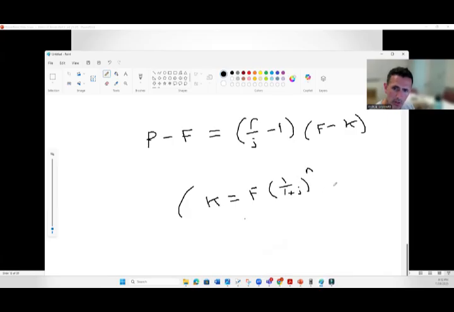And that's always going to be, as long as we have a positive interest rate, which we always do, basically, in exam FM, always going to be less than F. Who cares? Well, I care because we know this is going to be positive.